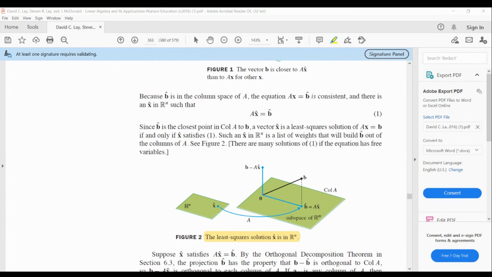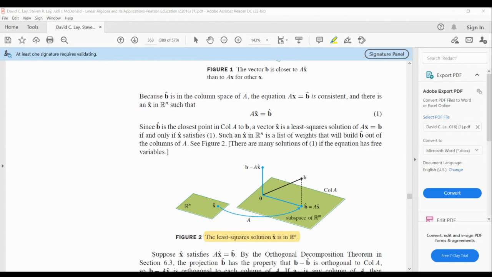But A times x hat would equal b hat, and b hat is the projection of the vector b onto the column space of A, which I think we are all comfortable with. The vector b hat, that projection vector, is the closest vector in the column space of A, in that subspace, to the vector b, which is outside the subspace.